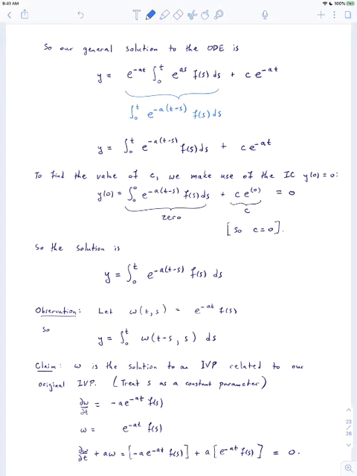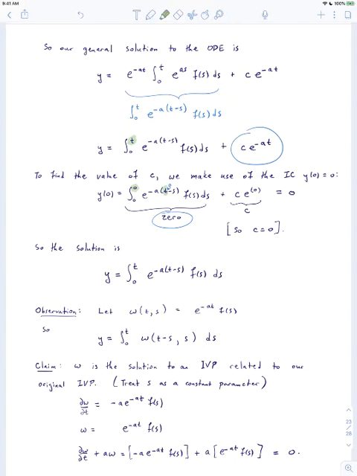So the initial condition is y at 0 equals 0. So if you plug in t equals 0, then you get a 0 in the upper limit of integration. You also get a 0 here, which apparently I forgot to put in. So that's also 0. However, that doesn't really matter because what's important here is we have an integral from 0 to 0. And when you integrate from 0 to 0, you just simply get 0. This other term involving the constant c is multiplied by e to the minus at, but of course t is equal to 0.